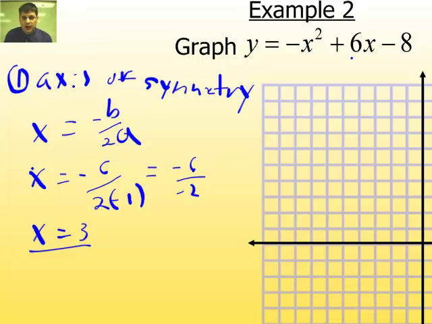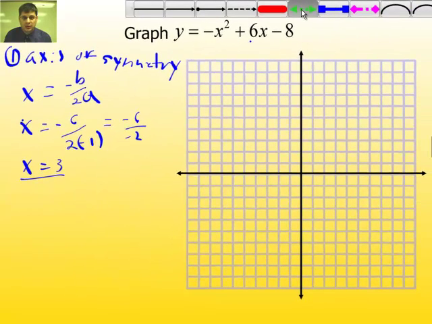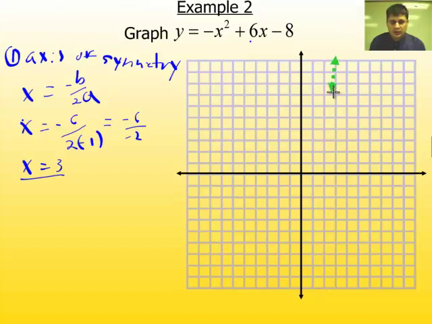I'm going to go ahead and draw that in. We draw the axis of symmetry with a dashed line because it's not actually part of the visible graph. It's just a guide. It's something that exists, and we use that as a guide to help us graph our quadratic.